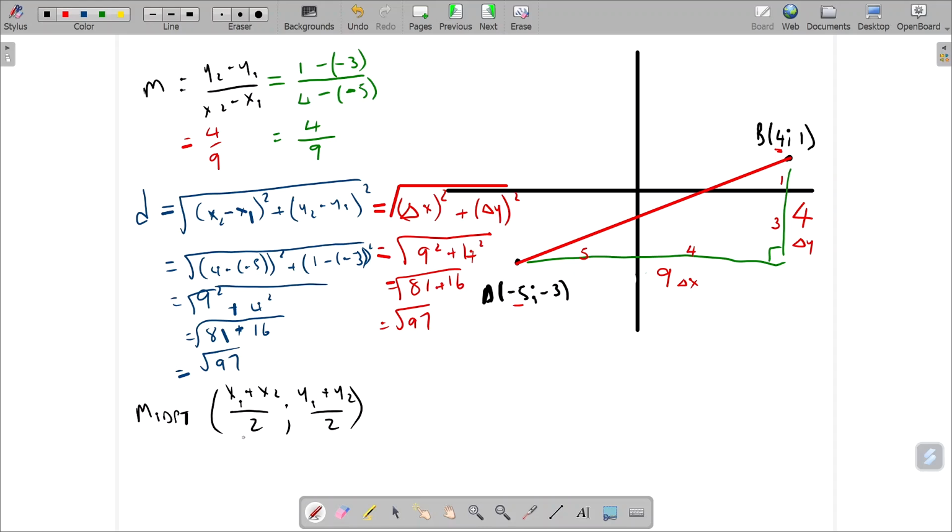These things can get tricksy. Okay, and again, we are going to do it by substitution. So this is minus 5 plus 4 over 2, so it's minus a half. And it is going to be minus 3 plus 1 over 2, so it's going to be minus 1.